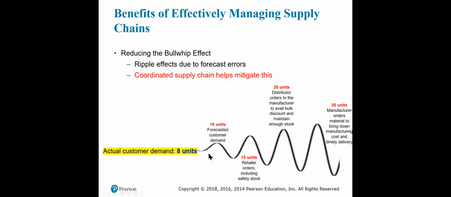The difference between the actual unit, which was 8, and the last order, which was 30, can cause a company to spend more money and effort to maintain stock and cause some inefficiency. So implementing integrated business processes through SCM allows a company to better coordinate the entire supply network and reduce the impact of the bullwhip effect.